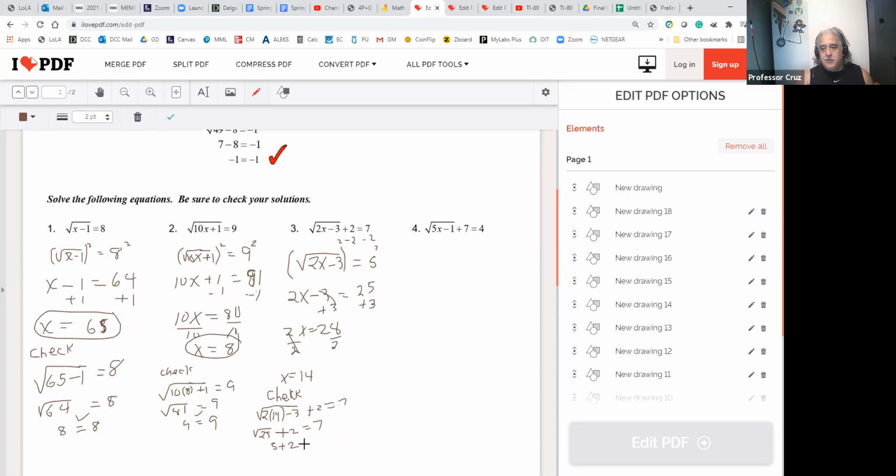So 5 plus 2 is equal to 7. So that's it.